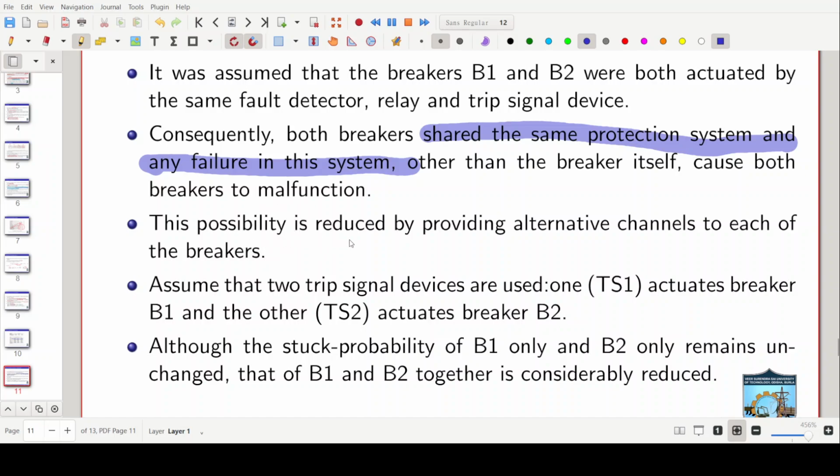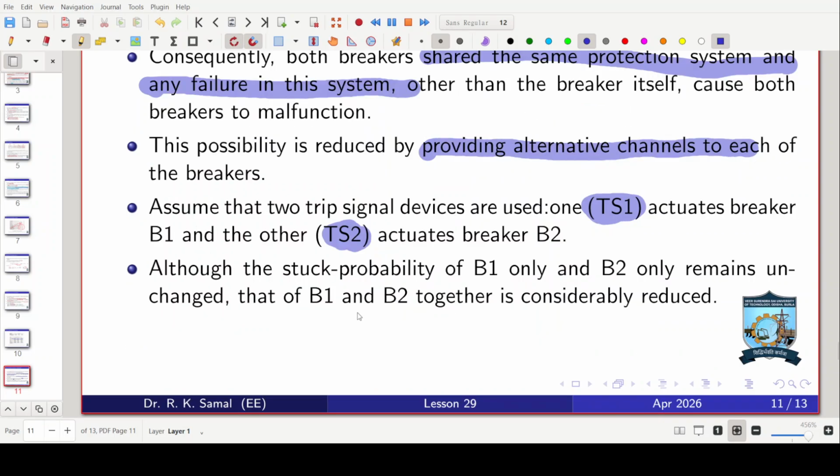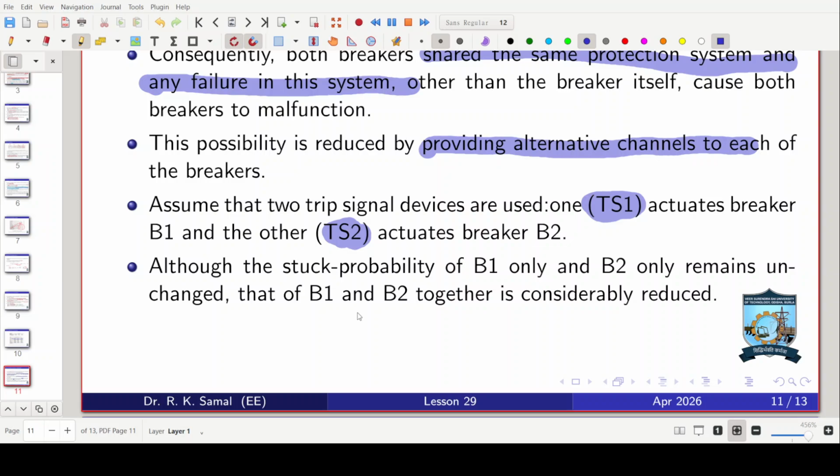Okay, this possibility is reduced by providing alternative channels like backup protection. Assume that two trip signals are used, one that actuates breaker B1 while TS2 actuates breaker B2. Although the failure probability of B1 only and B2 only remains unchanged, that of B1, B2 together is reduced if you have two different actuator signals.